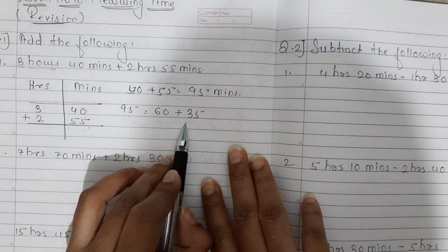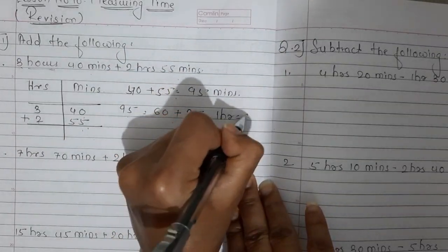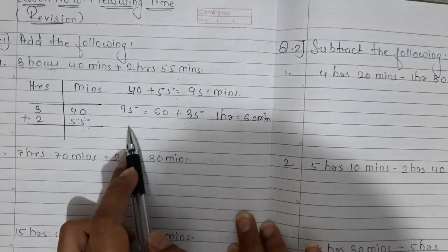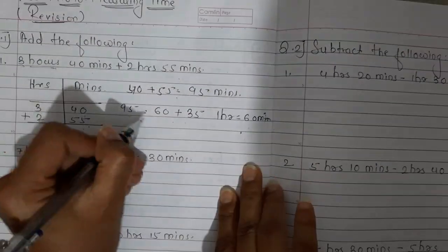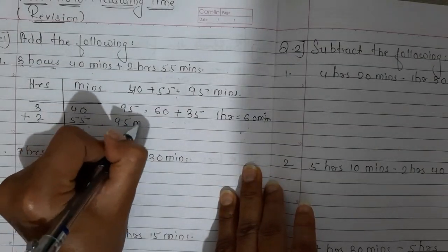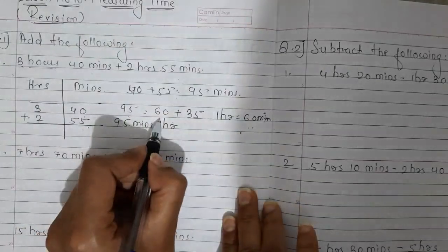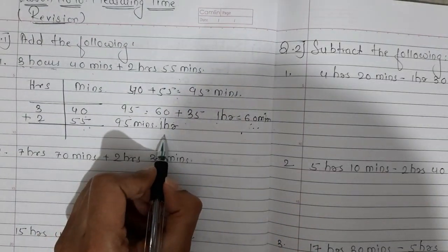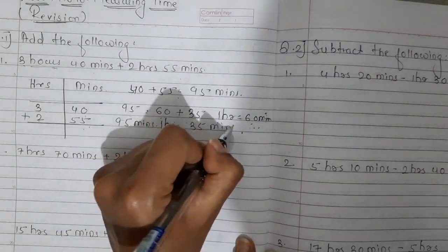You know that 1 hour is equal to 60 minutes, so 95 minutes means 1 hour 35 minutes.